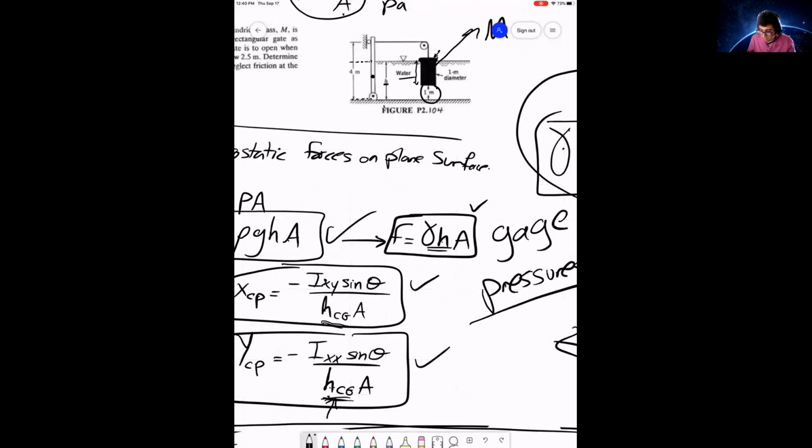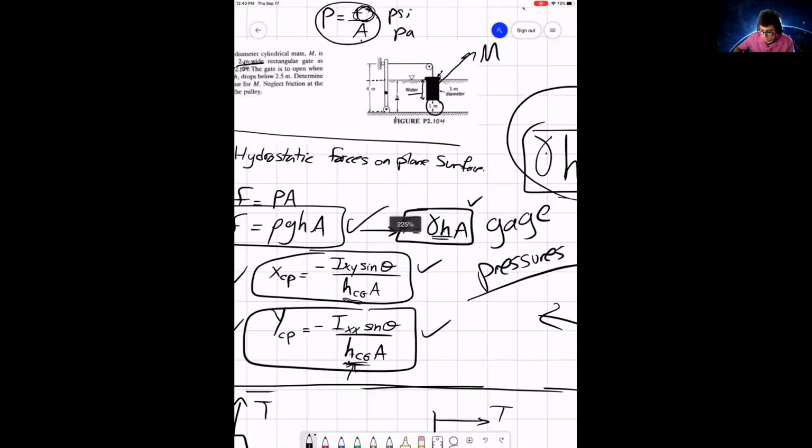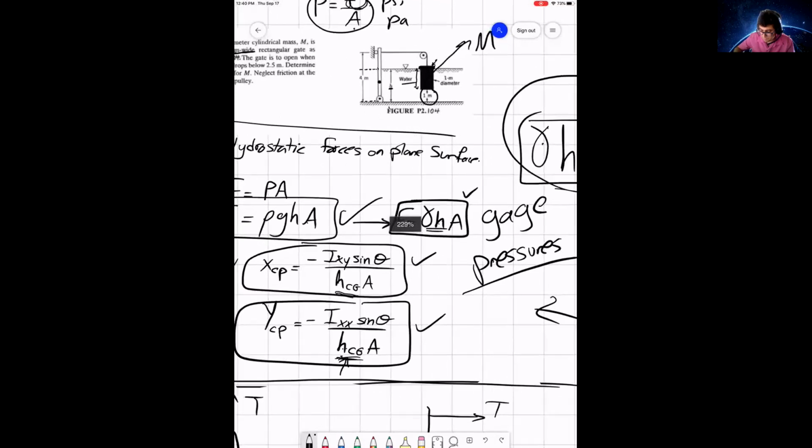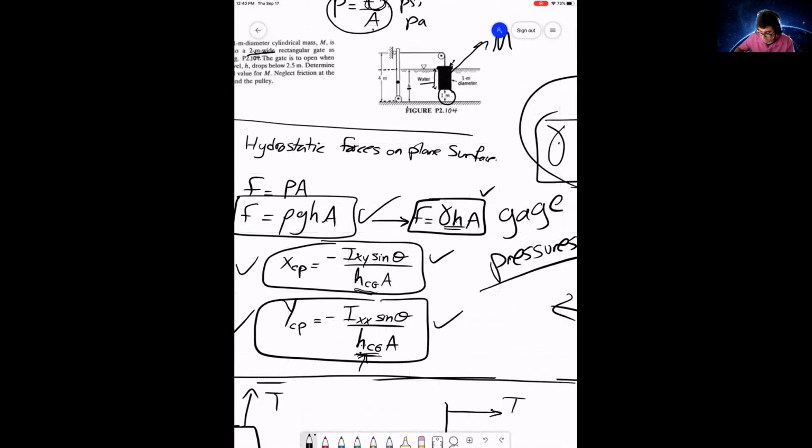If we use our formulas, these two formulas, HCG will be the same. It's H over 2. Okay. So this XCP and YCP, that's the coordinates for the entire gate? No, just for this water level.